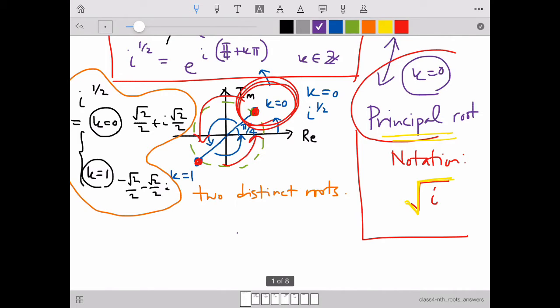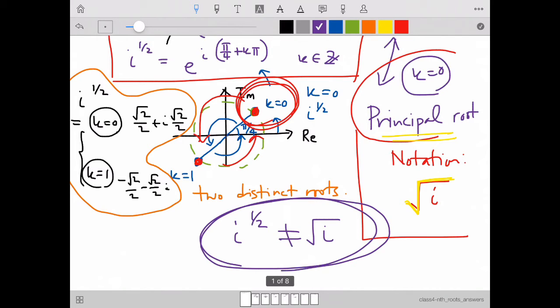So i to the half is not the same as square root of i for complex numbers. For i to the half, we have a set of two distinct numbers, but square root of i is a unique number. That is only when k is 0. So that distinction is very important.